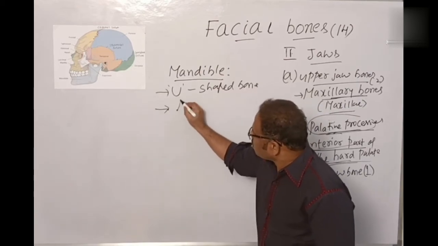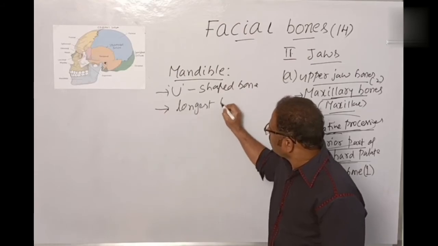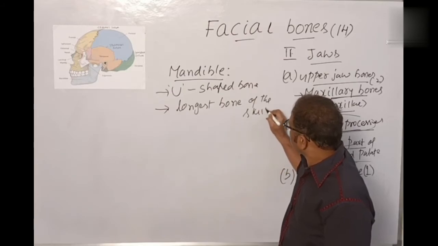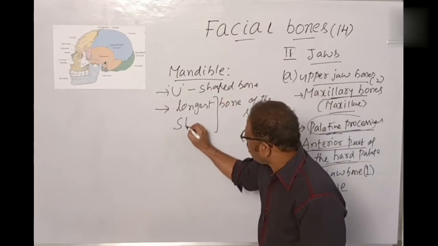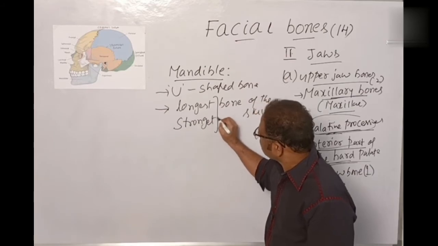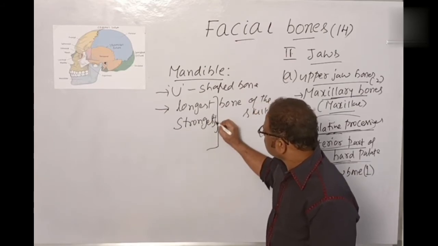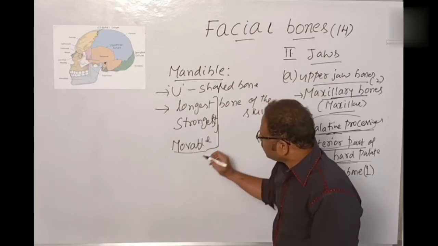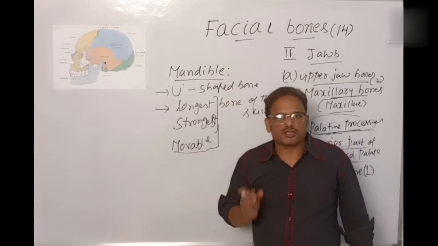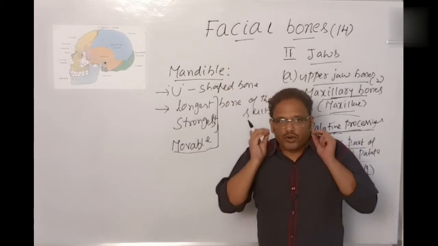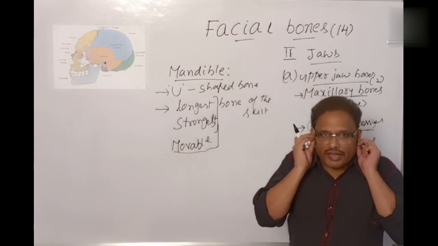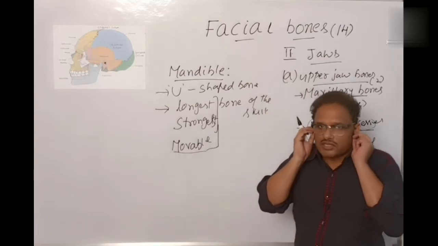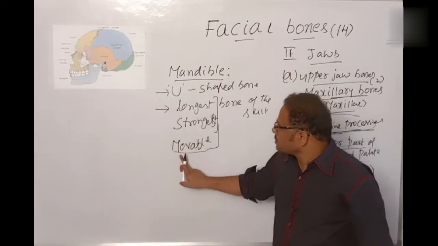Next, it is the longest bone of the skull, not only longest but also the strongest bone of the skull, and also the only movable bone of the skull other than the auditory ossicles, the ear ossicles, which also move. Apart from the ear ossicles present in the middle ear, which we will discuss within a few minutes, the other movable bone is the mandible.